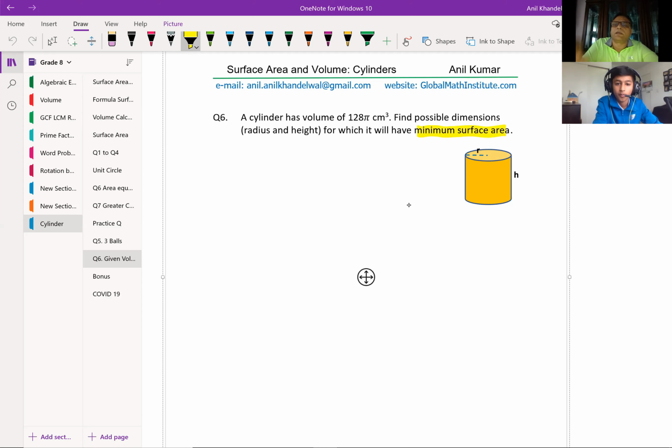Okay, so make a note of this. This is very important. It is going to have minimum surface area when diameter is equal to height. Now you can solve this particular question. You know that the volume is 128 pi and you need to find dimensions. You also know that in this condition, diameter and height are the same.